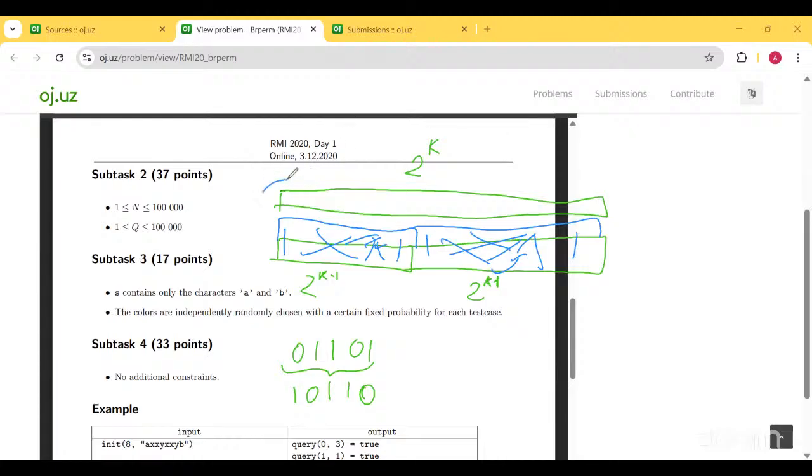Then how about the combined array? For this case, it means we ignore the most significant bits, right? Because the bit is fewer, less than this.